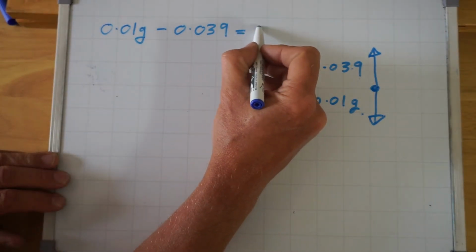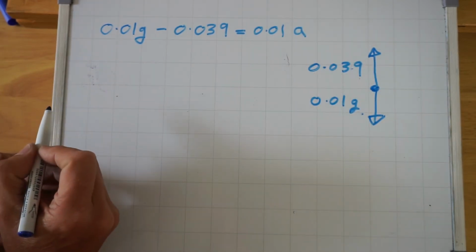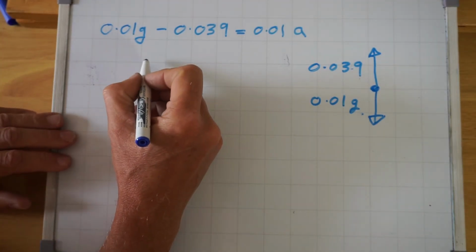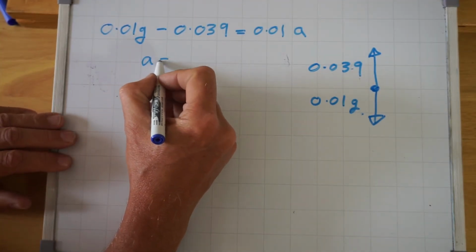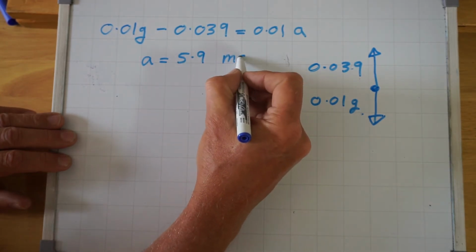The mass is 0.01 and the acceleration a is what we're trying to find. Solving this equation gives a equal to 5.9 meters per second squared.